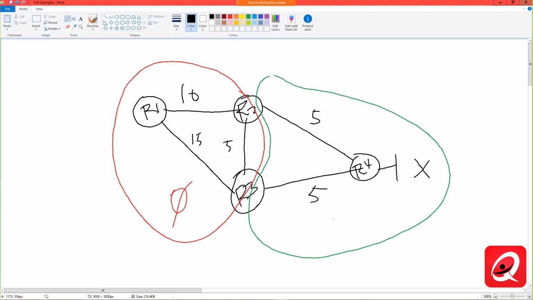Once you understand what I'm trying to describe here, it will make sense. If I was to take this path here, that would be a total path cost of 10, 15, 20, okay? And if I was to take this path here, that would be a total path cost of 10, 15, 20, 25. I might have gotten lucky on this one, okay?